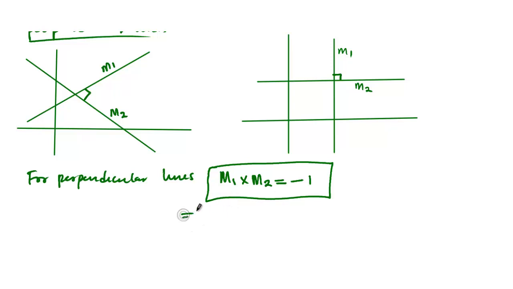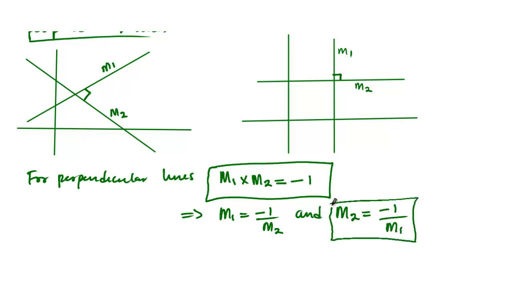So this implies that we can say that m1 is equal to -1 over m2. And also we can say that m2 is equal to -1 over m1. So that implies that if two lines are perpendicular to each other, once you know the slope of the first line, you can actually determine the slope of the second line.